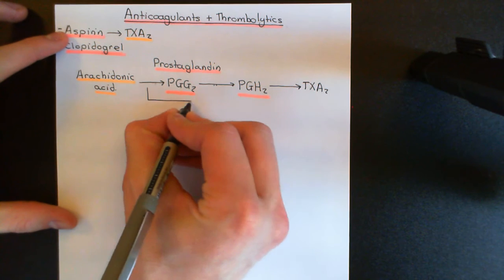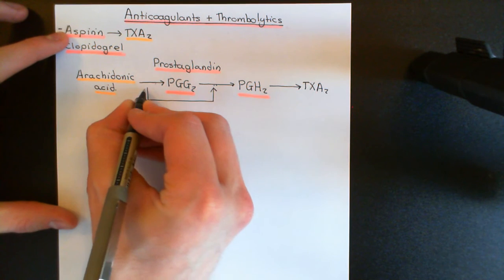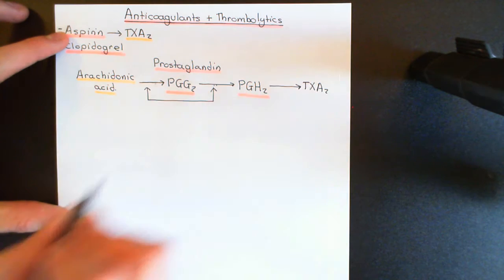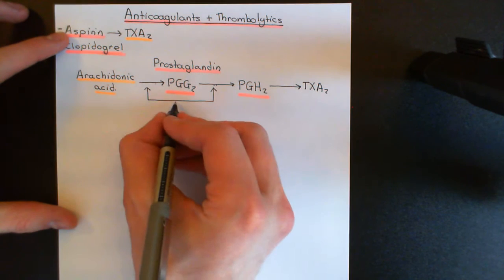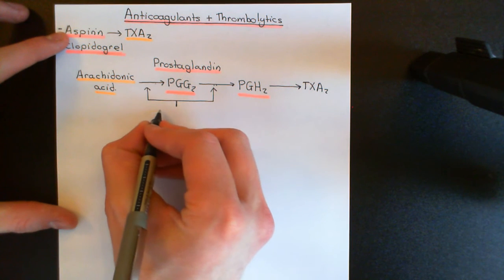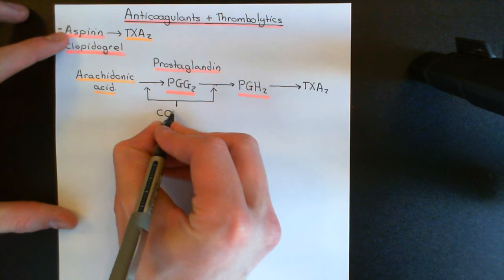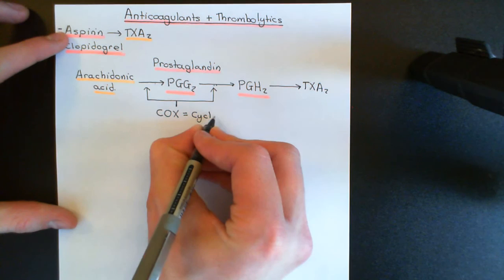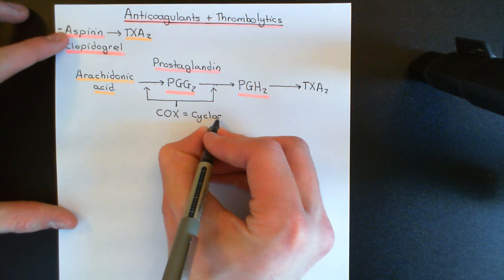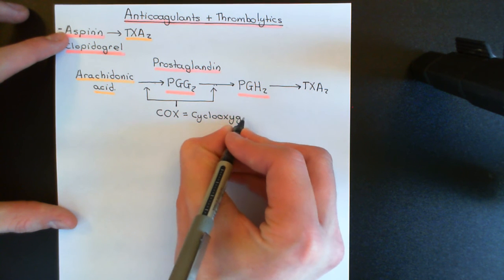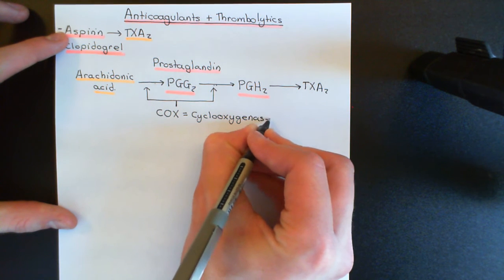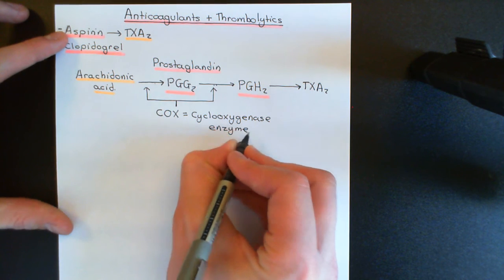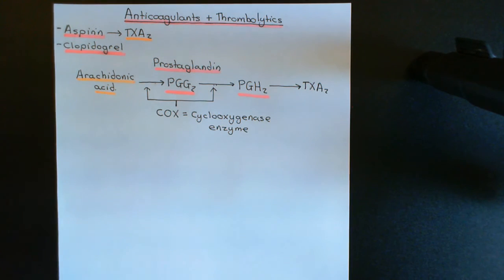Now, both of these reactions, the conversion of arachidonic acid to prostaglandin G2 and the conversion of prostaglandin G2 to prostaglandin H2, are catalyzed by the same enzymes. And these enzymes are known as cyclooxygenase enzymes, or COX enzymes. Okay, so cyclooxygenase enzymes, right, often just abbreviated down to COX enzymes.